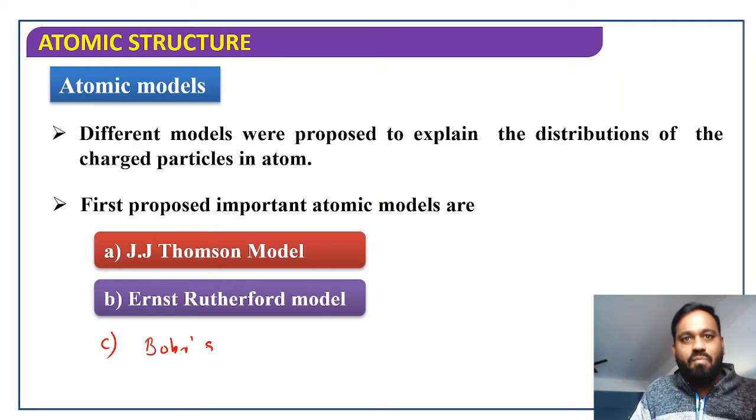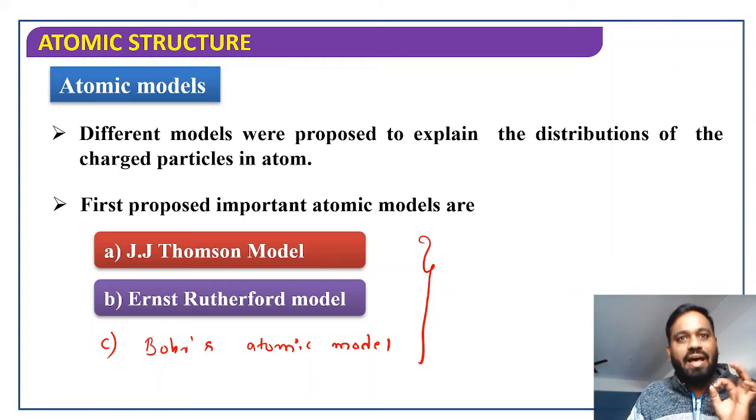If you learn these three atomic models, we can easily know how the atom is made up. Today I want to focus on the Rutherford atomic model. So let's go to the Rutherford atomic model.